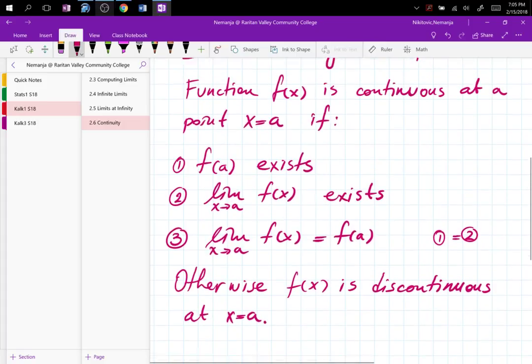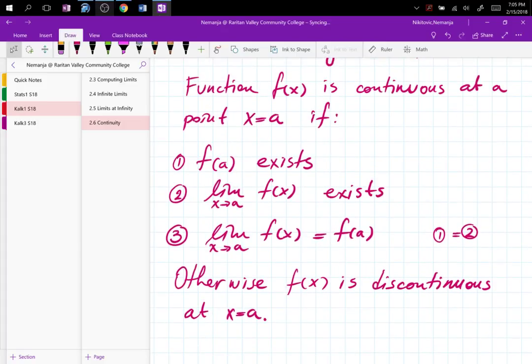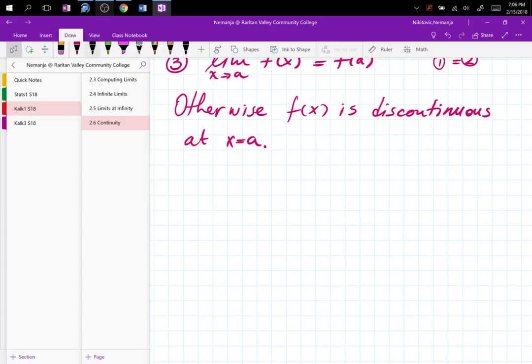So this is the full definition of continuity at the point. And now we can check this. Well, let's do something very easy.